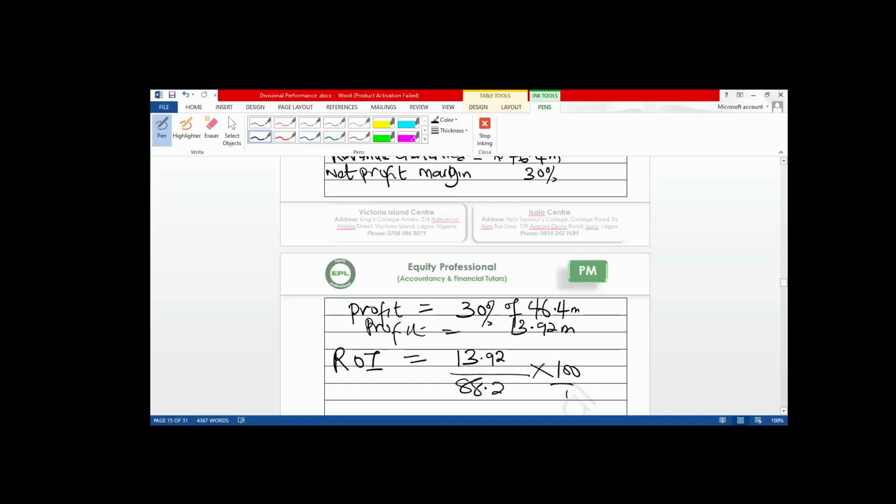Please calculate return on investment for division X. It is 15.78%.